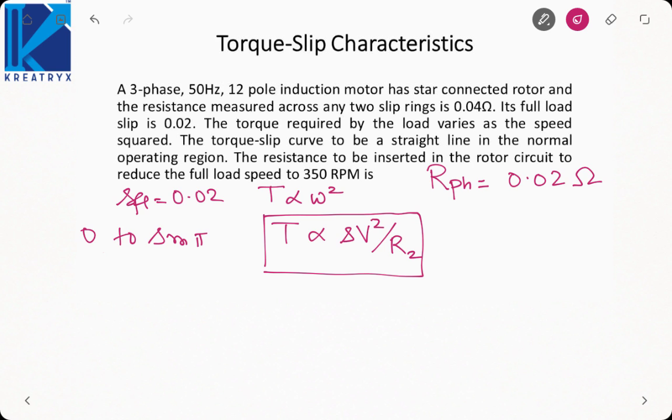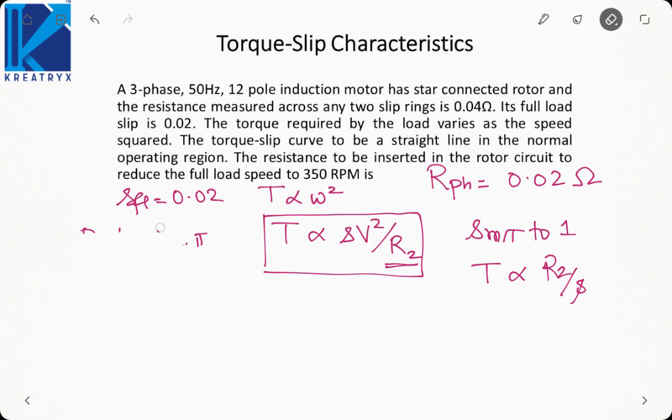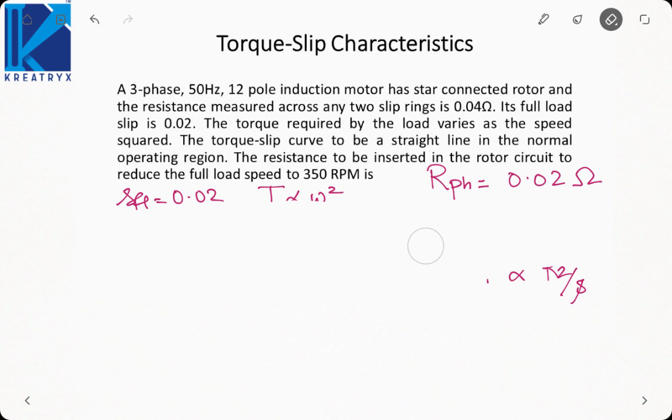And in the high slip region, that is from SMT to 1 or near to 1, the torque is inversely proportional to slip, and it is directly proportional to R2, or we can say torque is proportional to R2 by S. That is why starting torque increases with increase in rotor resistance, whereas full load torque will reduce with increase in rotor resistance. So we are assuming a linear curve, that is torque is proportional to SV square by R2.